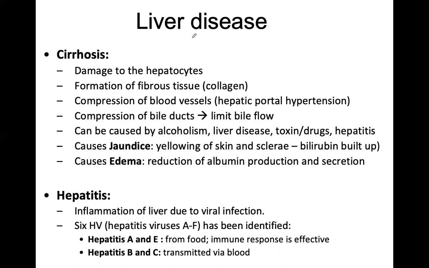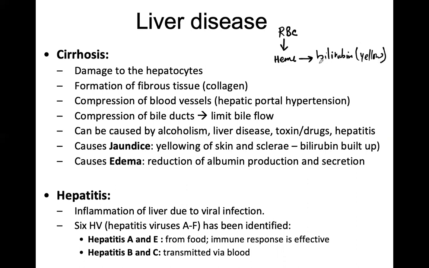A red blood cell has heme as one of its main components, and when heme gets destroyed, it becomes bilirubin, which is yellow.